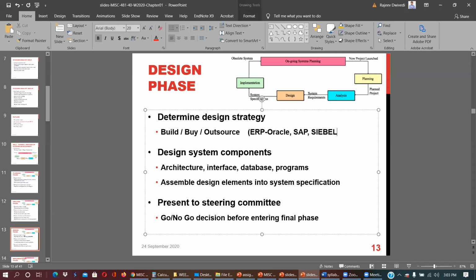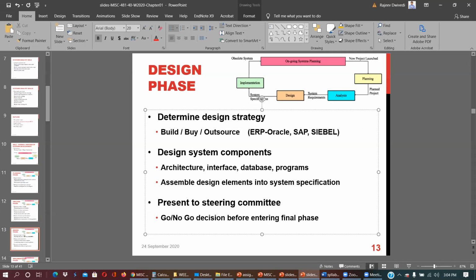For example, these are the top vendors of ERP. They developed their ERP systems, and across the world their ERP are implemented. Like, for example, in our EWU, we have Oracle. I forgot the name.